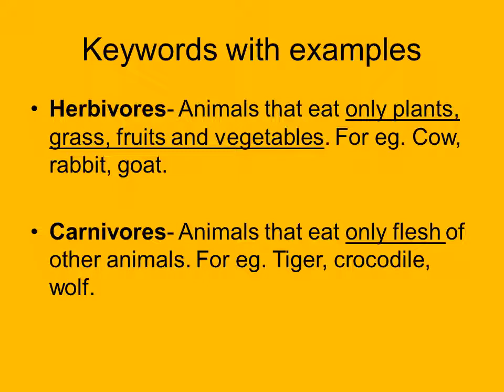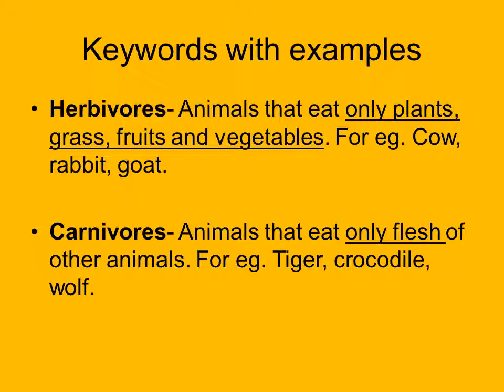Now the next keyword is carnivores. Carnivores are the animals that eat only flesh of other animals. This is the important point: carnivore animals eat only the flesh of other animals. They do not eat plants. So they are eating only what?